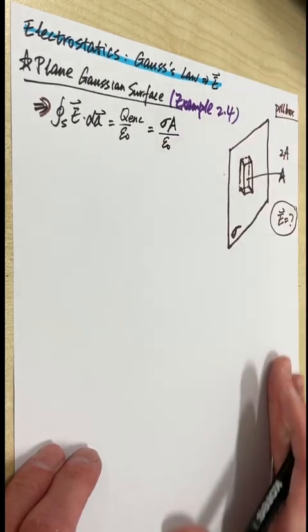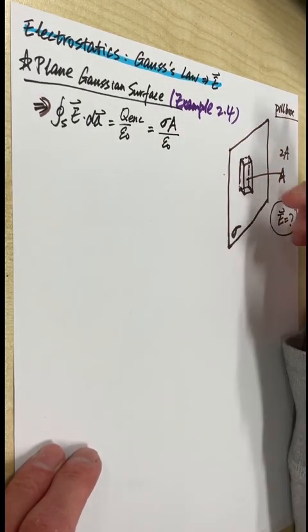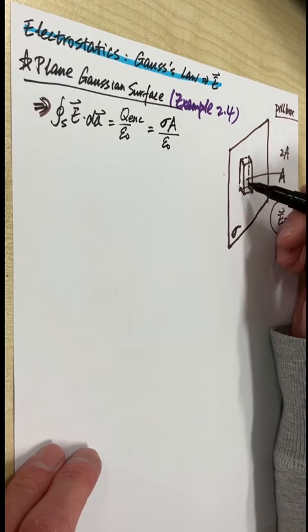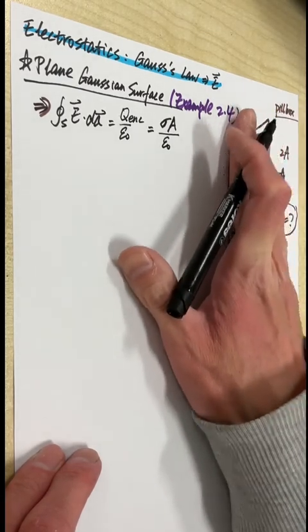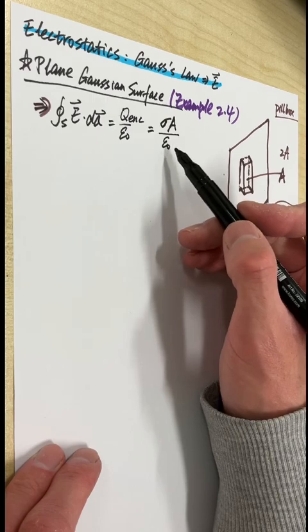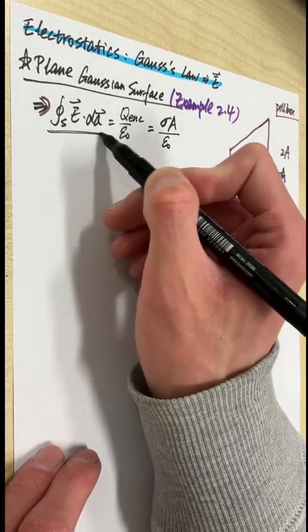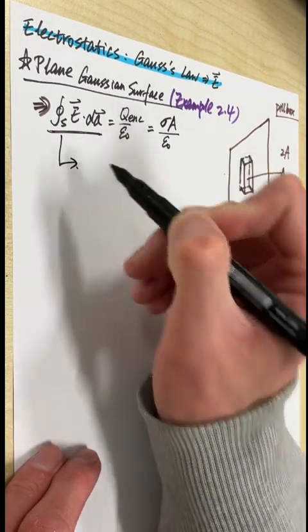There is only one plane, and we observe the area on the plane, so this is rho A over epsilon 0. And now here is the total flux.